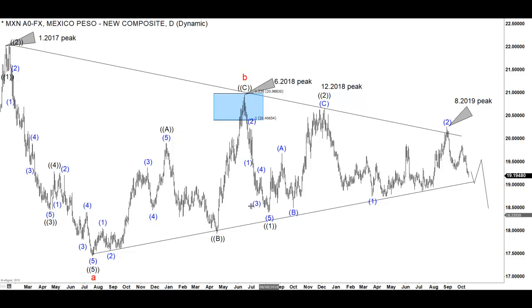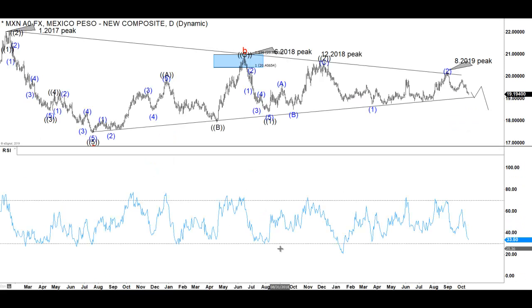Consequently, even though this looks like a contracted triangle consolidation after a 5, a 3, and another 5, at Elliott Wave Forecast we have developed something into the theory: for us, a contracted consolidation, in order to be a triangle, needs to be contracted also in momentum. And as you can see, there is no contraction in momentum.